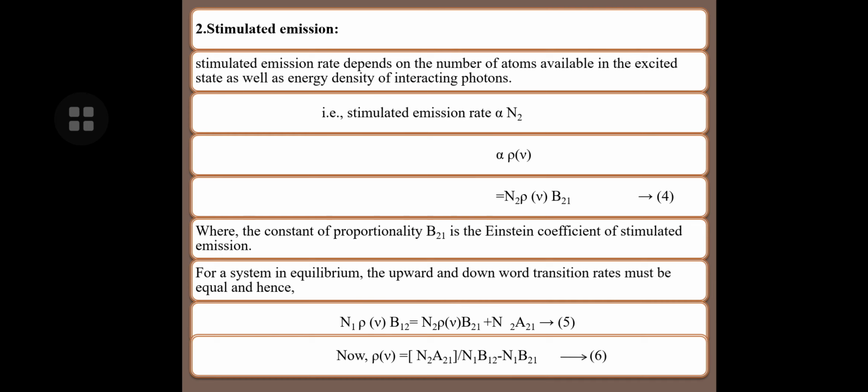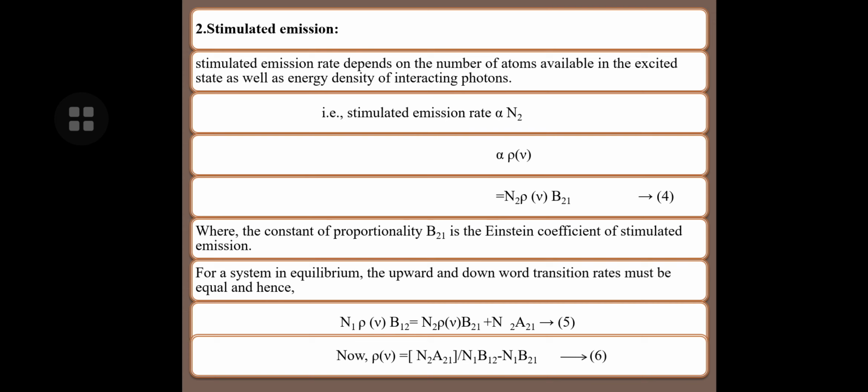That is, the stimulated emission rate is proportional to N2 and to rho v, that equals B21 N2 rho v, where the constant of proportionality B21 is the Einstein coefficient of stimulated emission. Here in B21, the atoms are coming from the higher energy state to the lower energy state.